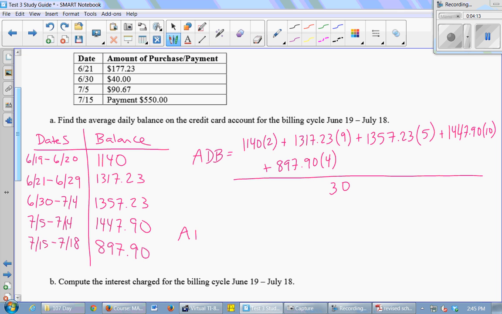And we get the average daily balance. You have to be careful to check how many days there actually are in this billing cycle. June 19th to July 18th is a total of 30 days. So when I multiply that all out, I end up with $1,299.73 as the average daily balance.